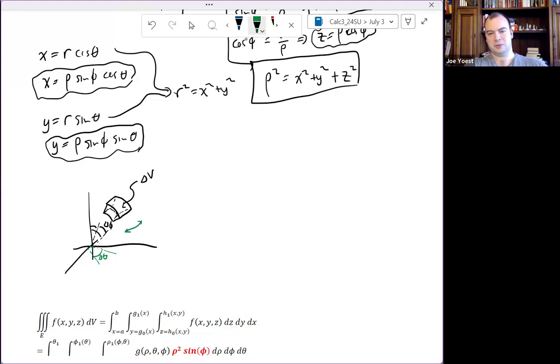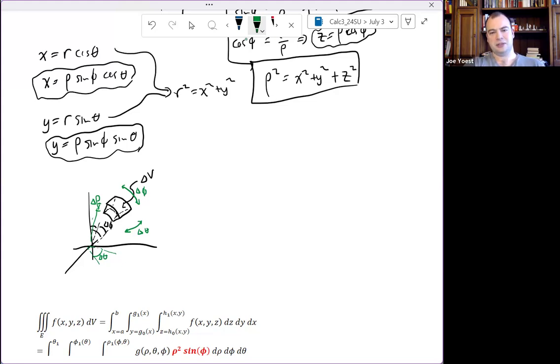So this piece here is related to delta theta, and this piece here is related to delta phi. And then I'm letting my radial distance coming out this way change by delta rho. So when I allow my radial distance to change from rho to rho plus delta rho, theta from theta to theta plus delta theta, and phi from phi to phi plus delta phi, how does that affect my volume here?